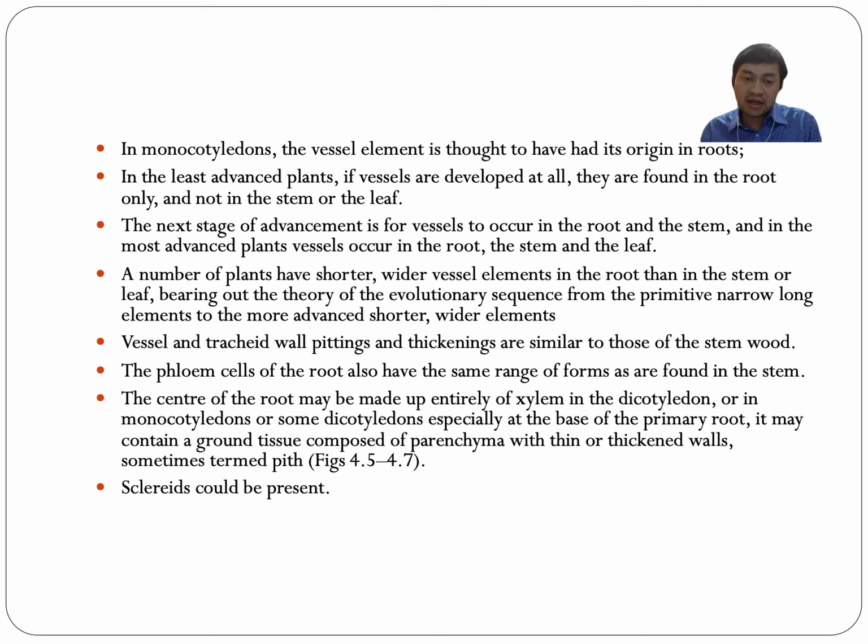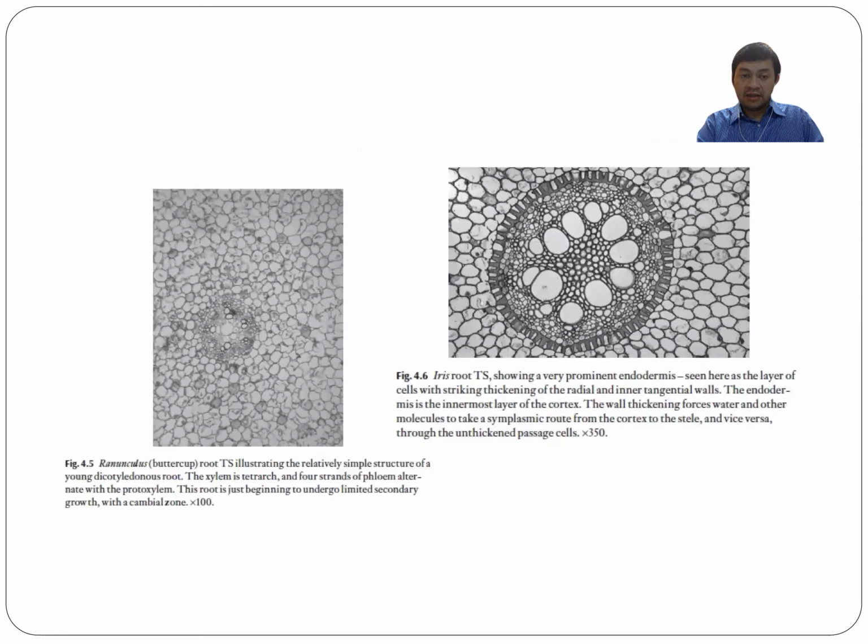The center of the root may be made up entirely of xylem in dicotyledons or monocotyledons, or in some dicotyledons, especially at the base of the primary root, it may contain a ground tissue composed of parenchyma with thin or thickened walls. You can see figures 4.5 to 4.7 in the next slides, and sclereids could also be present.